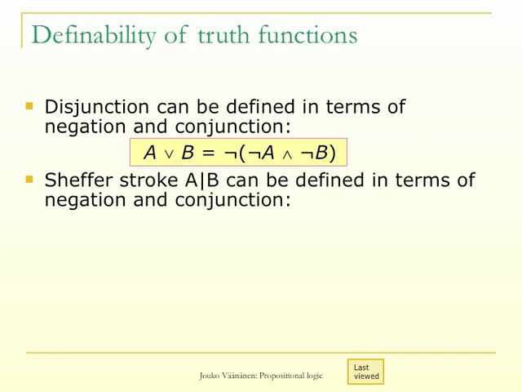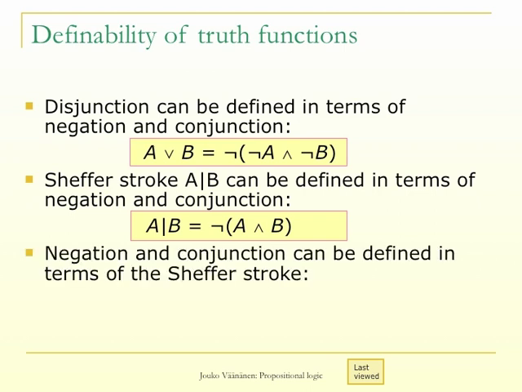Similarly, the Sheffer stroke A | B can be defined in terms of negation and conjunction. On the other hand, negation and conjunction can be defined in terms of the Sheffer stroke.